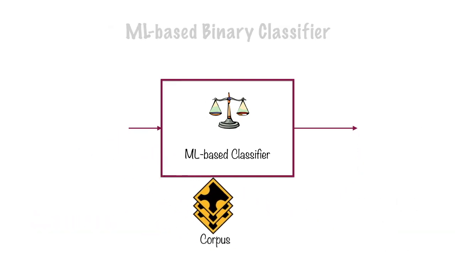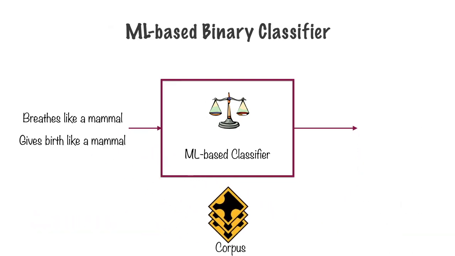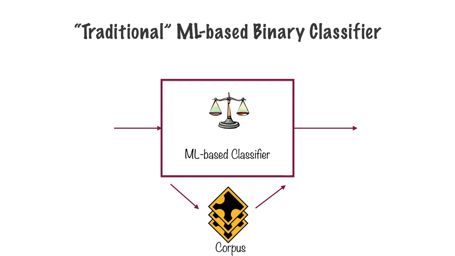Once we have this fully trained machine learning based classifier, we'll feed it some characteristics of a whale. If we feed it information like a whale breathes like a mammal and gives birth like a mammal, based on its model parameters, it's very likely to predict that the whale is a mammal. This prediction happens to be correct. But now, this prediction is very sensitive to what features you've fed in to this particular machine learning based classifier.